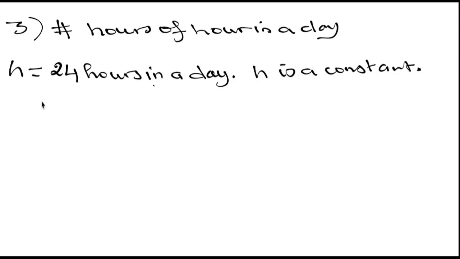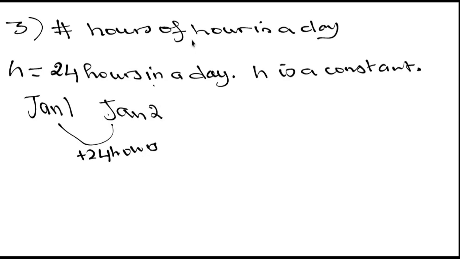For example, today is January 1st. You need to add 24 hours every time to get another day. So it will be January 2nd.